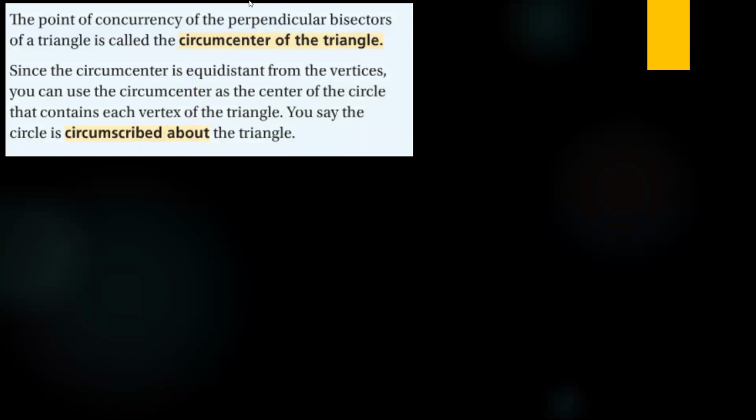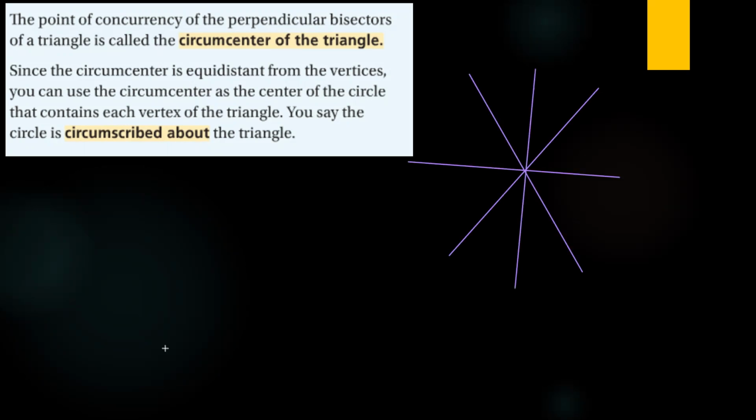Now, for each of these sets, the point where the lines intersect is called the point of concurrence. But now this name will be changed according to which lines you are talking about.